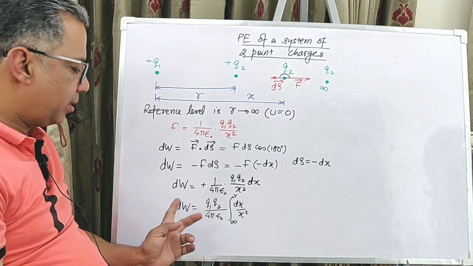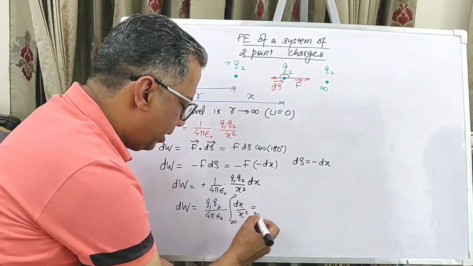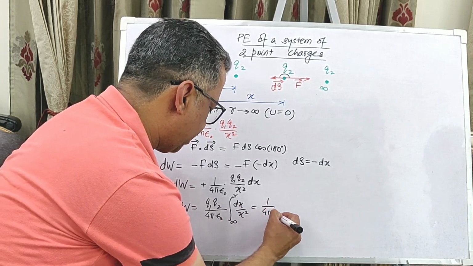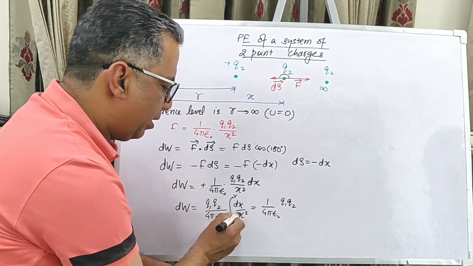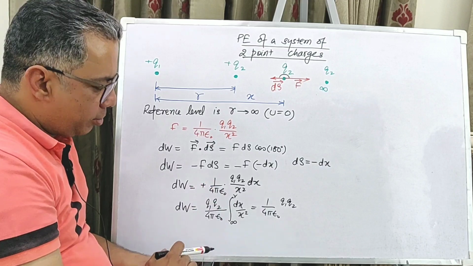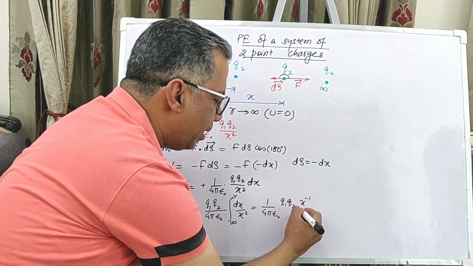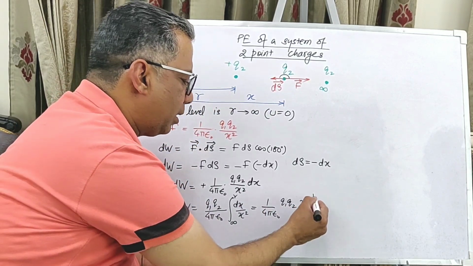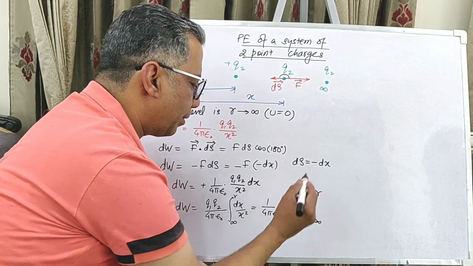So limits for x are infinity to r. What we get here is 1 upon 4 pi epsilon naught q1 q2. Now here this is x to the power minus 2 dx, and when you integrate x to the power minus 2 dx, you get x to the power minus 1 by minus 1, limits being infinity to r.